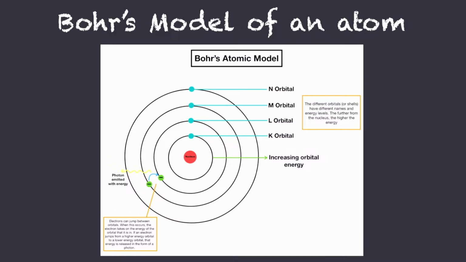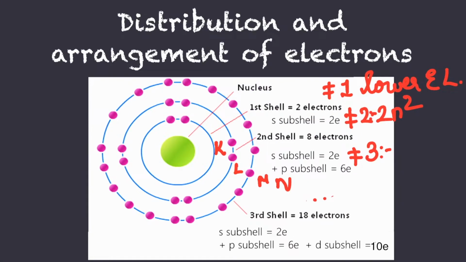Then once he gave the way the protons, neutrons and electrons were arranged, next we had a look at how the electrons were arranged. There are 3 rules which need to be followed for the arrangement of electrons. Rule number 1, arrange the electrons from the lower energy shell. The lower energy shell here is K. Rule number 2, how should I arrange the electrons?